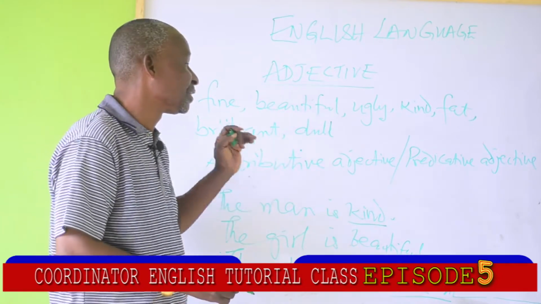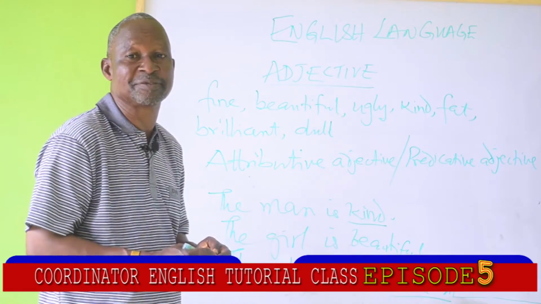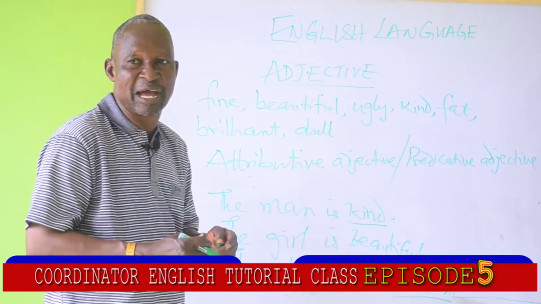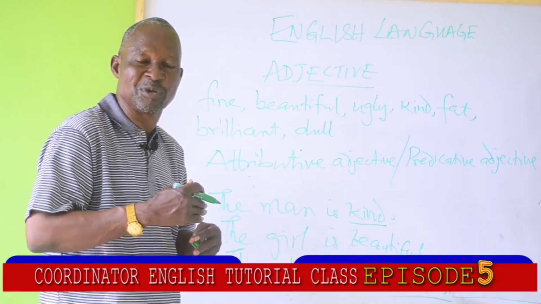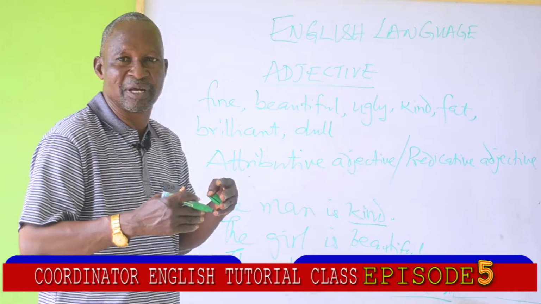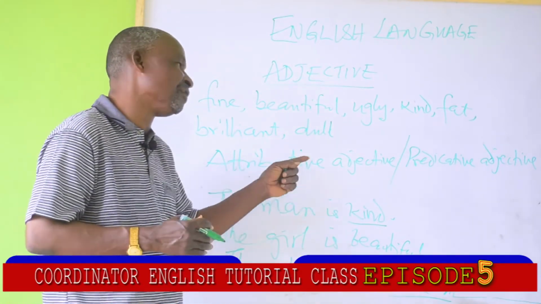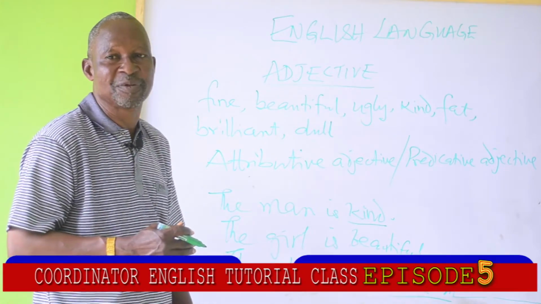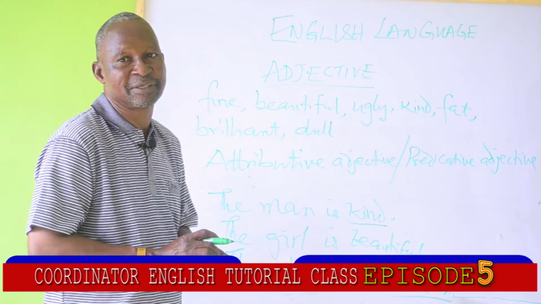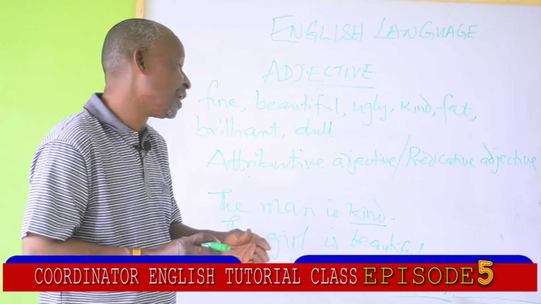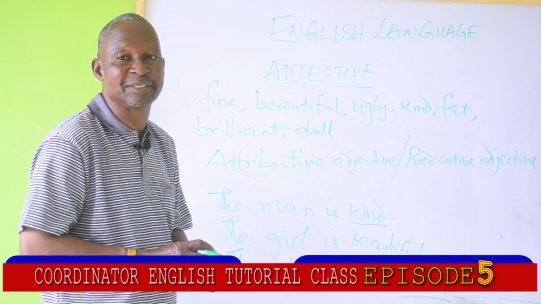So in this case, take note once again, if an adjective comes before the noun it qualifies, before the noun it tells more, it explains something further, then we say that that adjective is attributive. But when we have an adjective coming after the noun it qualifies, then it is concluded that that adjective is a predicative adjective.